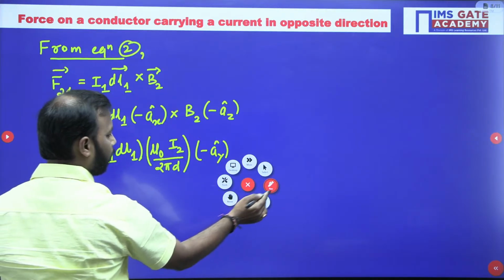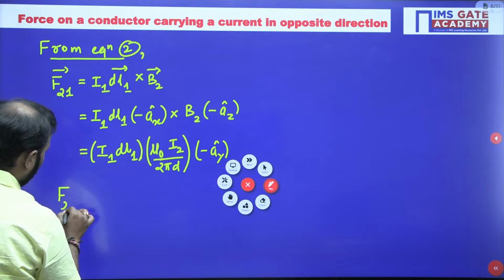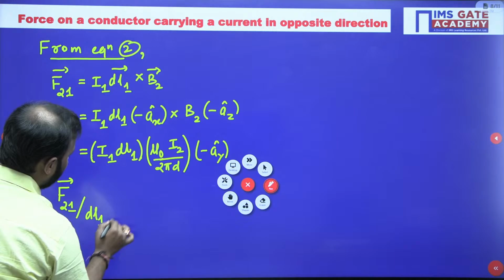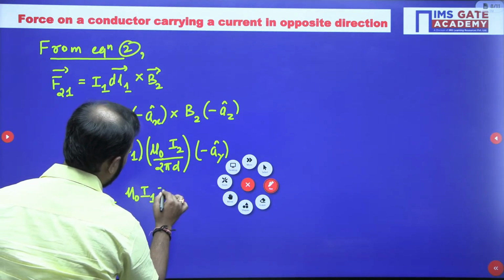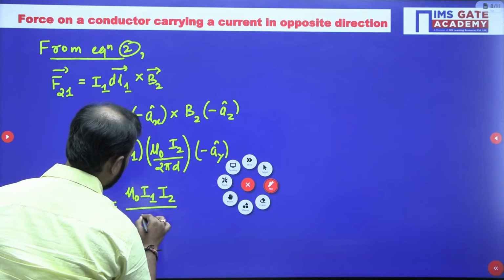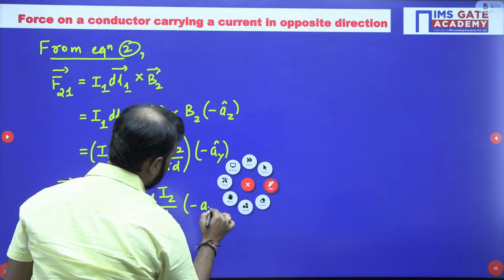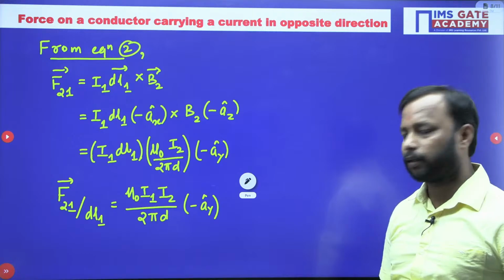And similarly, in this case, F21 per unit length del L1 is equal to mu naught I1 I2 upon 2 pi d into minus AY cap.